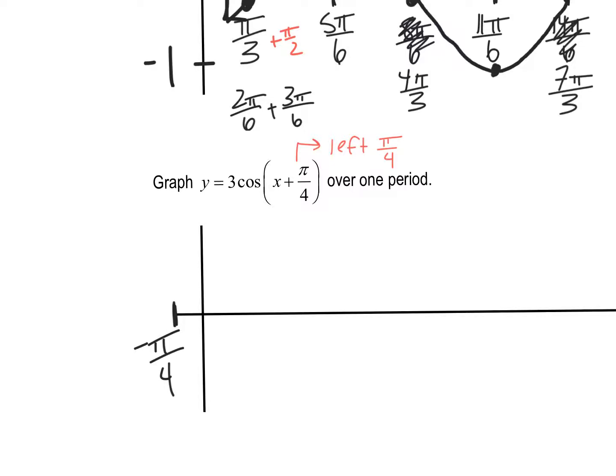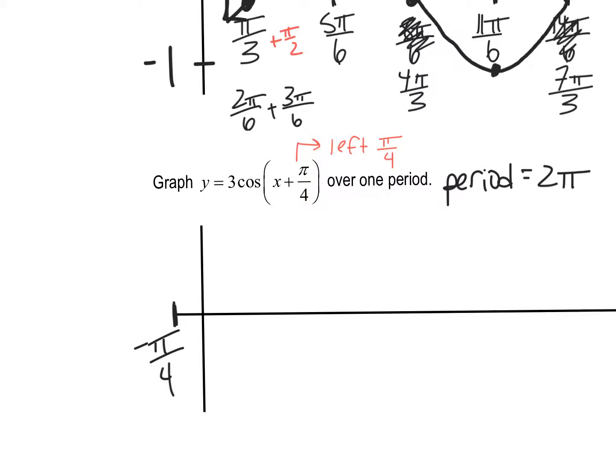Now I need to label all of my other points. So step 2 up there says to figure out the period. And again, I do not have a coefficient here with the x. There's no b term here, it's just 1. So my period again is 2 pi. But remember, I have a left shift here, so that means my last tick mark is not going to be 2 pi. That's just the distance between my first tick mark and my last one.